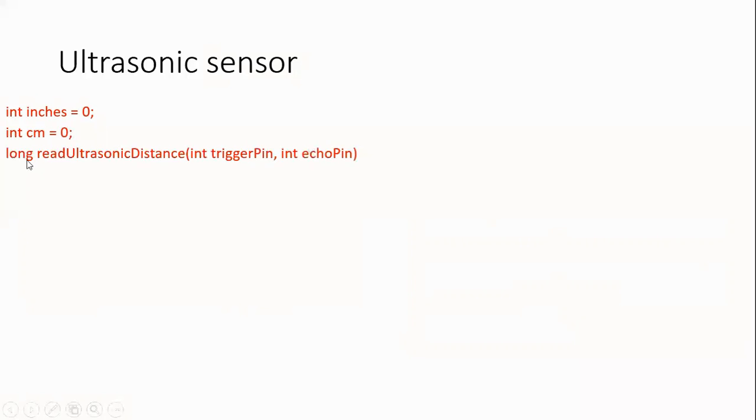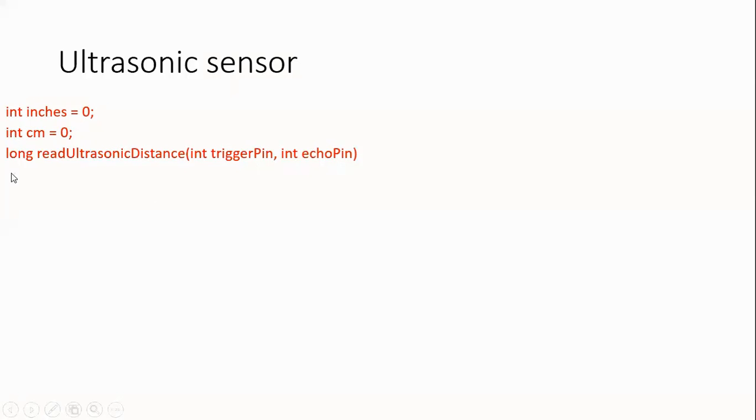It is basically a read ultrasonic distance function. This function will receive two variables as input: int trigger pin and int echo pin. So two parameters are going to be taken into this function, and this function is going to return a data type of long type.